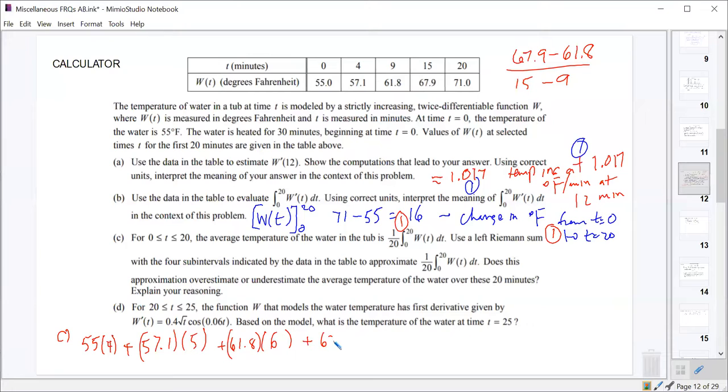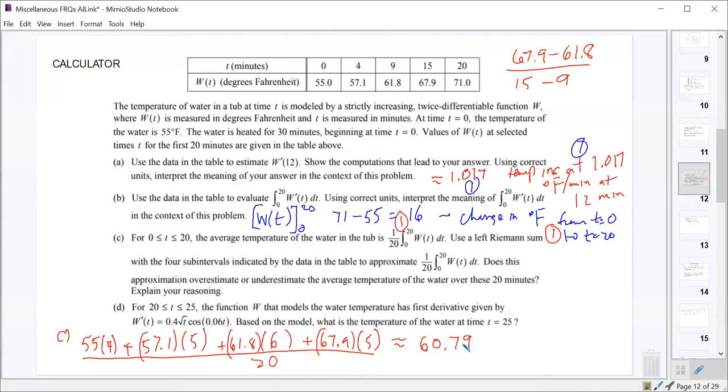And then 67.9, multiplied by 5. And what did that come out to be? And we need to divide it by 20, right? What did that come out to be? 60.79. Sounds good to me.